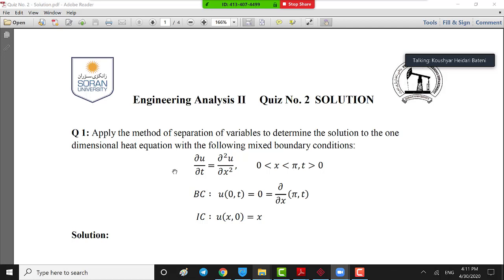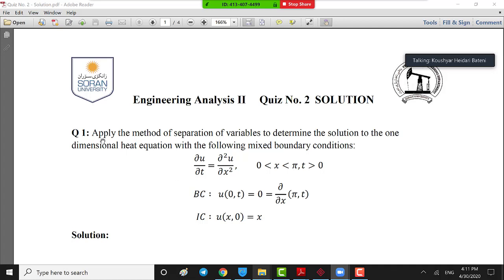What is the value of alpha? Binoy, what is the value of alpha? I guess 1. Yes. And f of x in this specific case is equal to x.